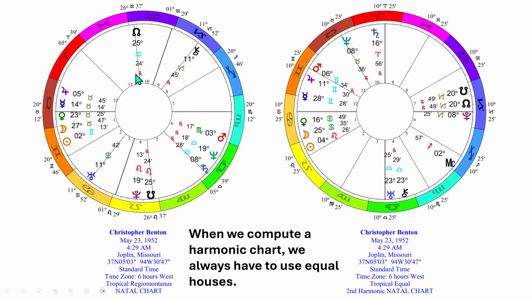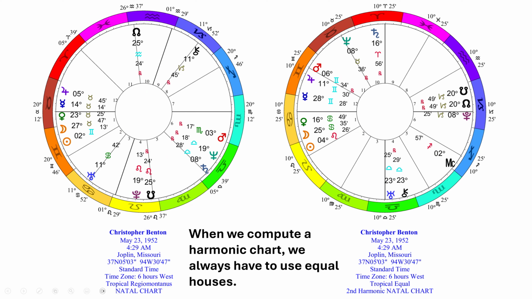We usually do take the midheaven from the natal chart and often find its position in our harmonic chart. So let's see, I've got my midheaven at about 1 degree of Aquarius. That's going to be 301 degrees from 0 Aries. If I multiply that by 2, that's going to be 602.